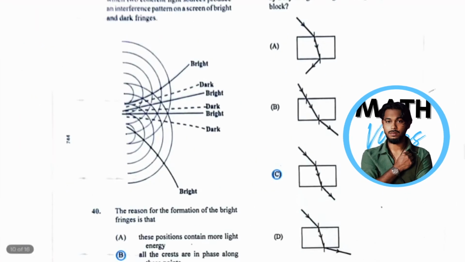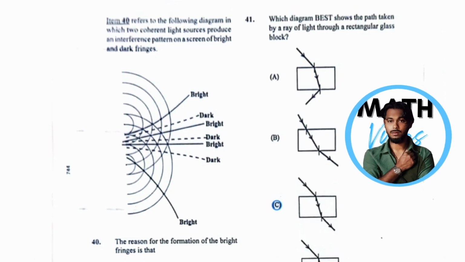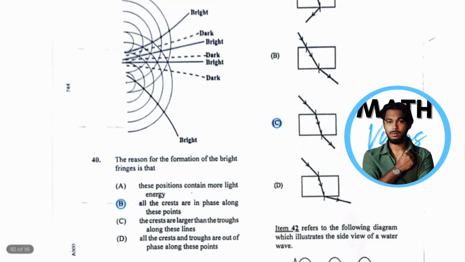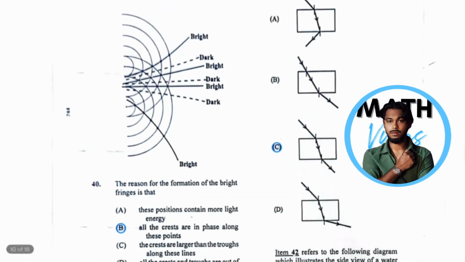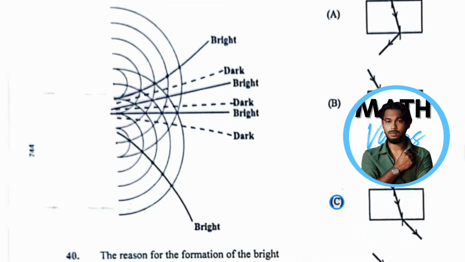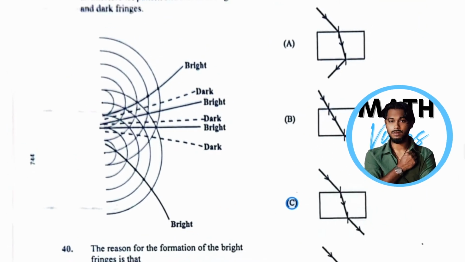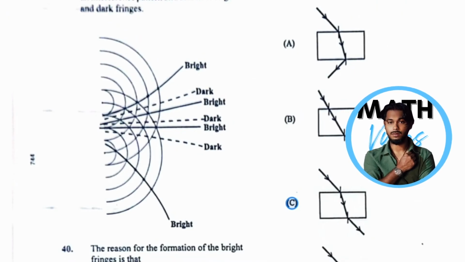Question 40. In this question, two coherent light sources produce an interference pattern on a screen of bright and dark fringes. So they want us to figure out the reason why bright fringes are formed. We have two waveforms interacting with each other, so there will be points where the waves are in phase, and if the points are in phase, they combine, and that's called constructive interference.